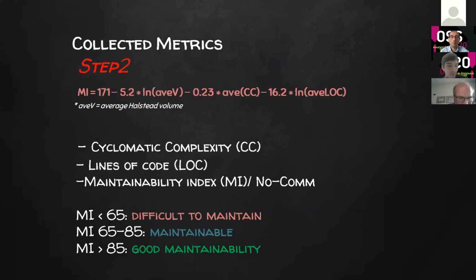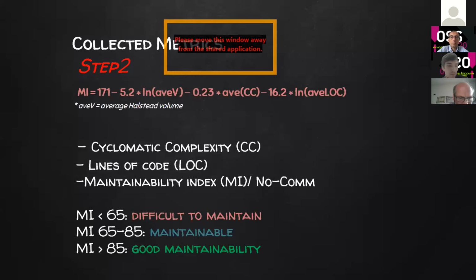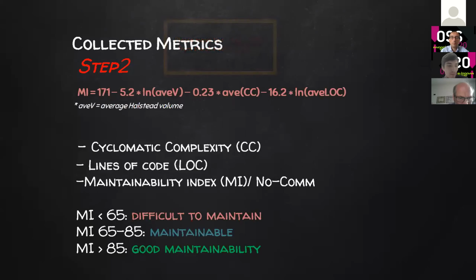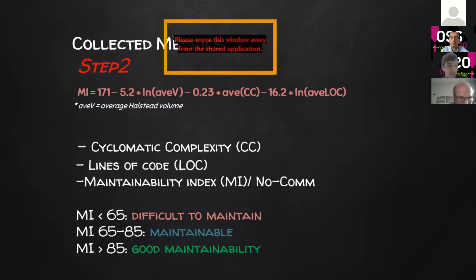In step 2, we collected the metrics which are part of the MI formula: the average Halstead volume, cyclomatic complexity, which stands for the complexity of our code and which we will refer to later as CC, lines of code, LOC, which is the size of our code, and the maintainability index, MI.